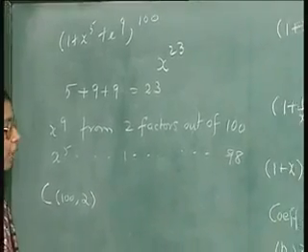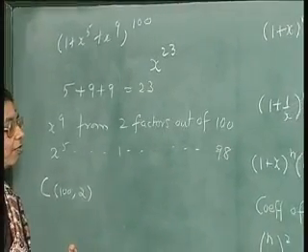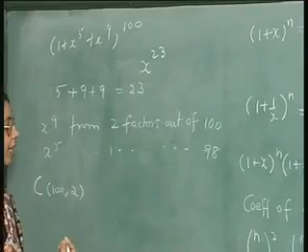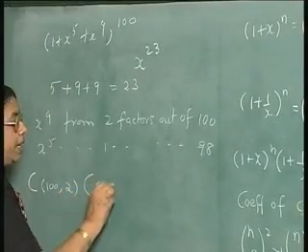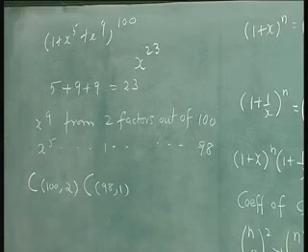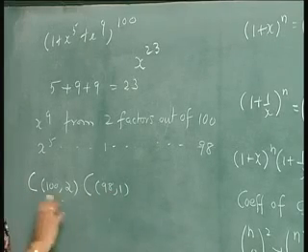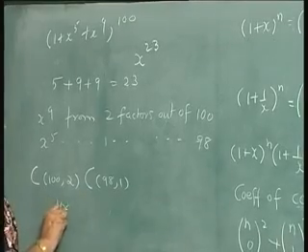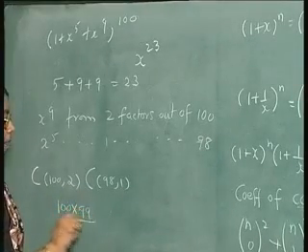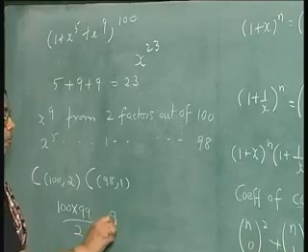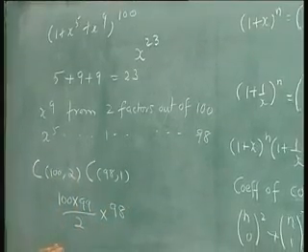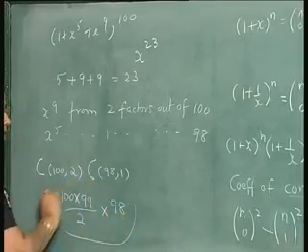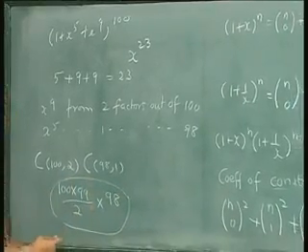That can be done in C(98, 1). From the rest of the factors, you have to select only 1. So this will give you the answer 100 into 99 by 2 into 98. You can simplify, multiply and get the answer for the expression. This is the coefficient of x power 23 in this expression.